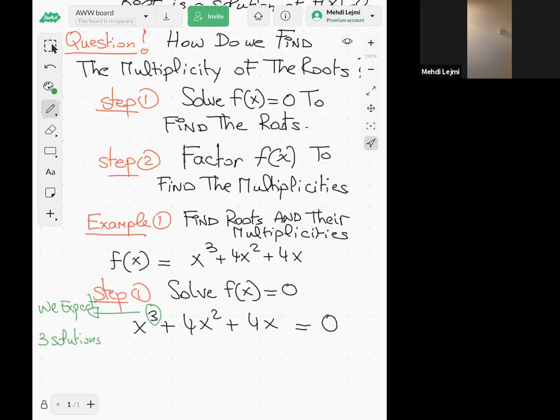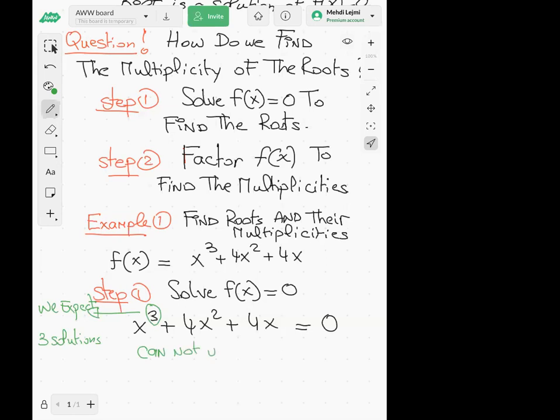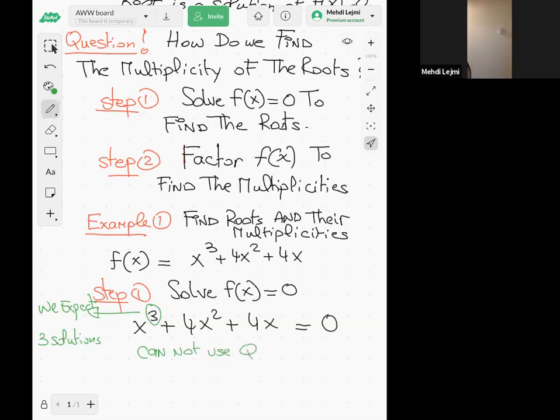Now, here it's x cubed, so we cannot use the quadratic formula. The quadratic formula is for quadratic functions, when the highest power of x is 2. Here the highest power of x is 3. So if I cannot use the quadratic formula, what will be the next thing I have to try?